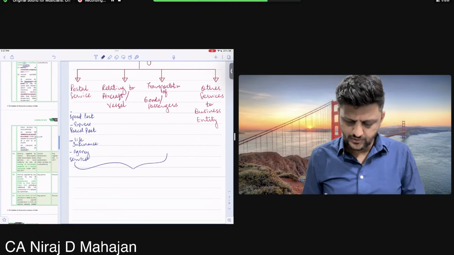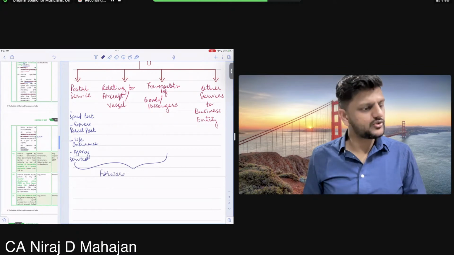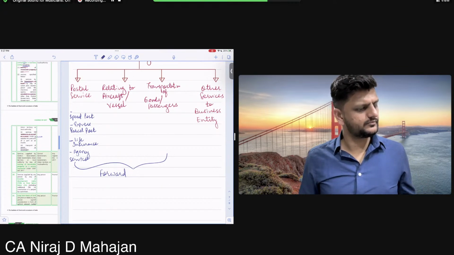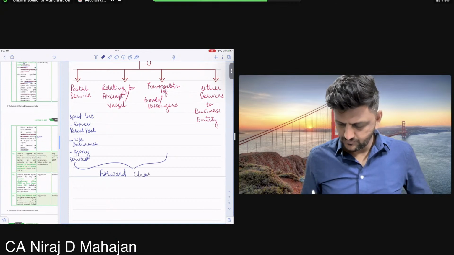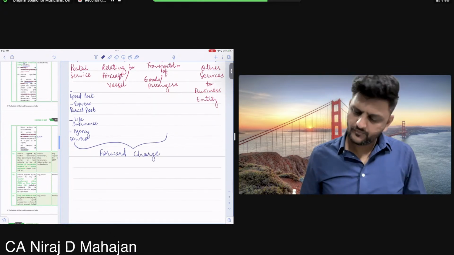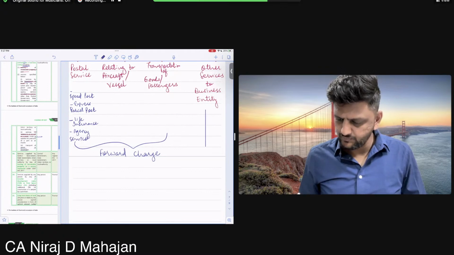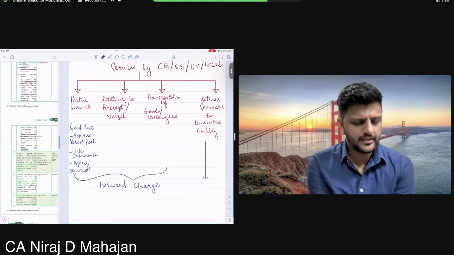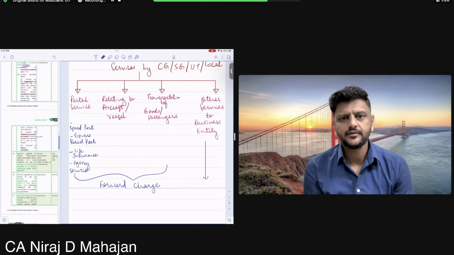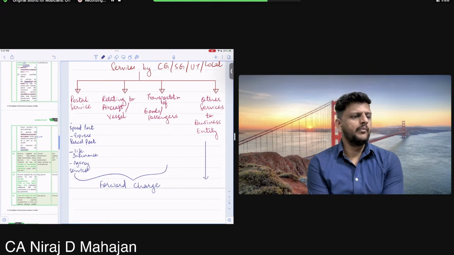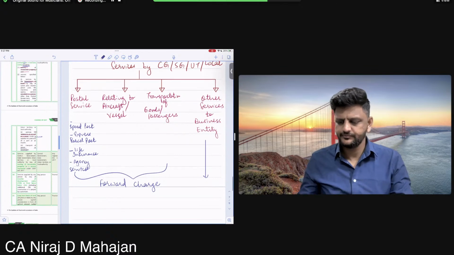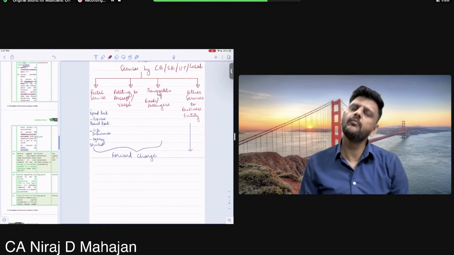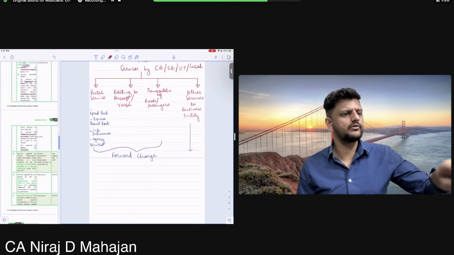Write down forward charge. This is your forward charge. And here again make some points and temporarily leave it blank. But leave around 7-8 lines after this. It is forward charge only what we are discussing.